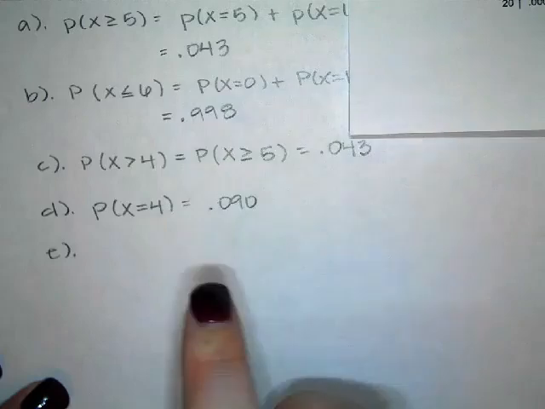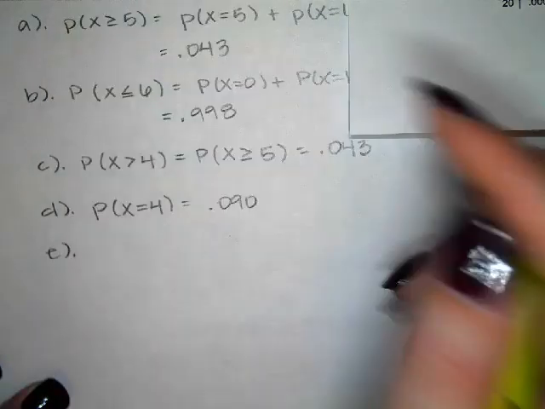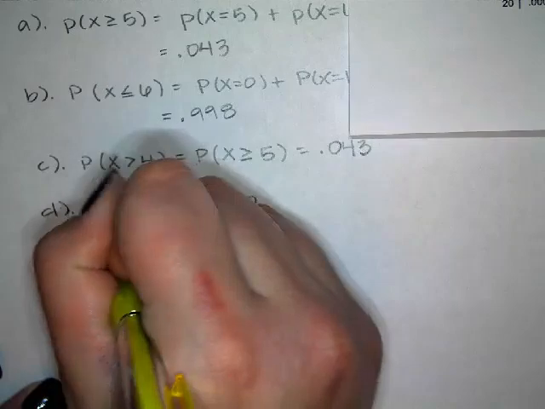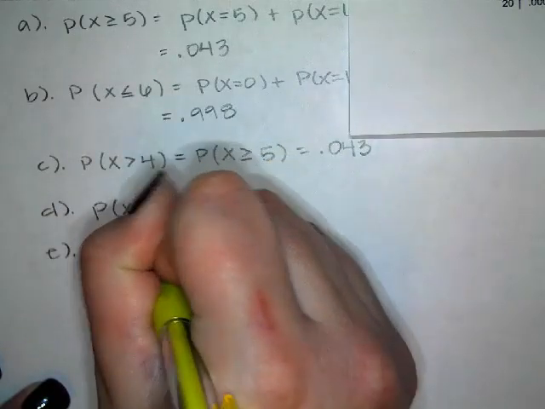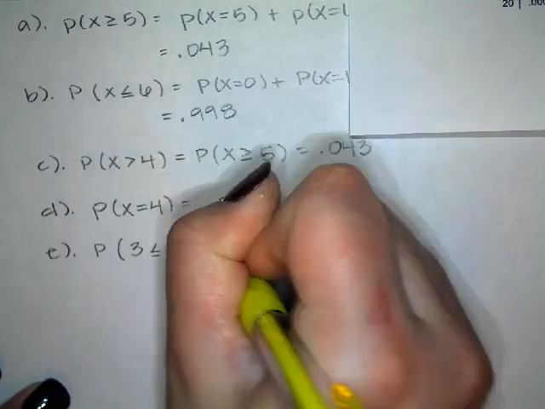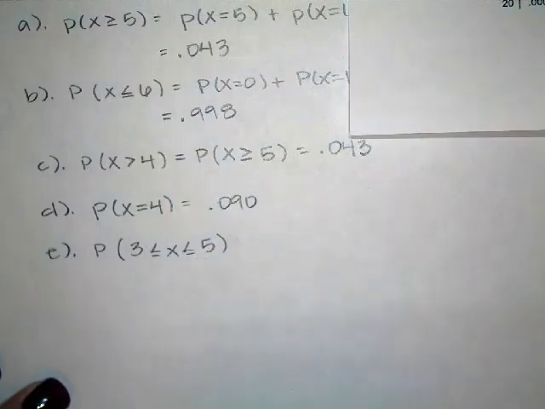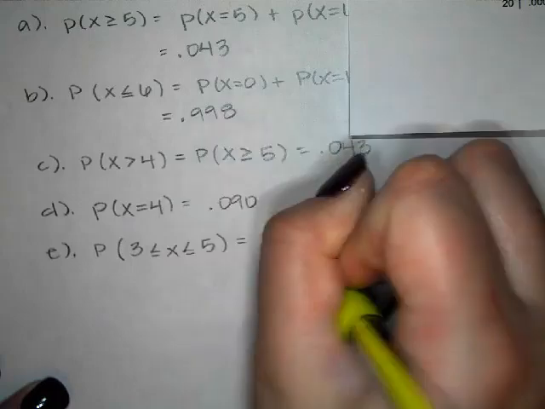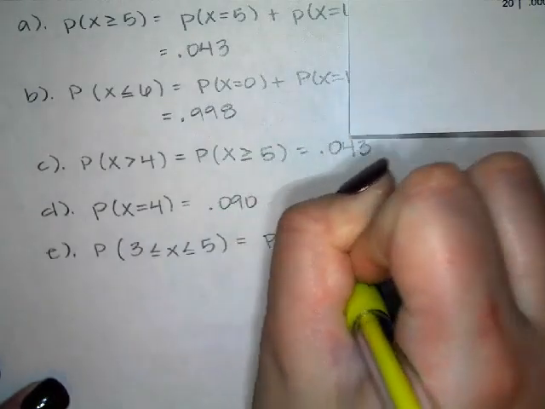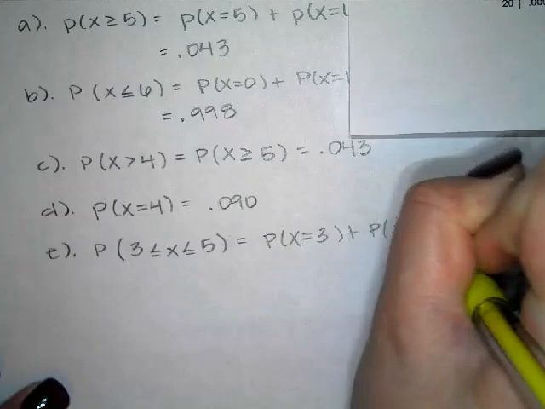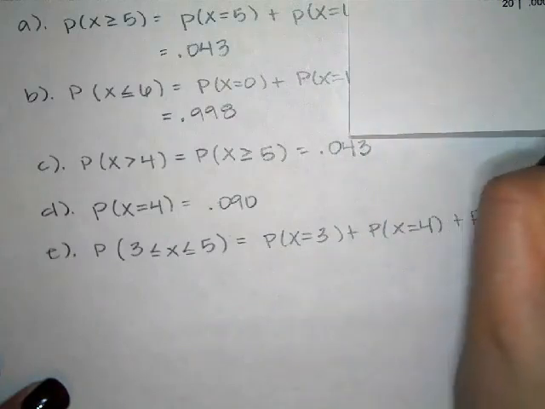The probability that between 3 and 5 cars inclusive are black. When it says inclusive, it means including 3, including 5. So this would be the probability of 3 cars, the probability of 4 cars, and the probability of 5 cars.